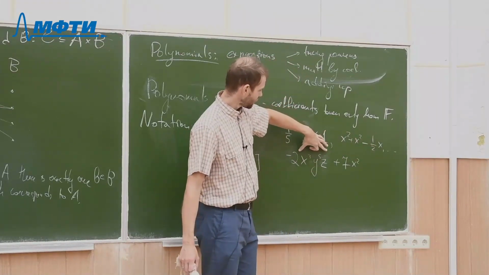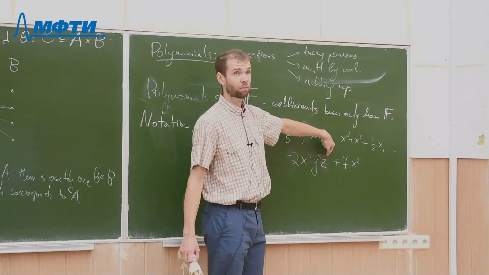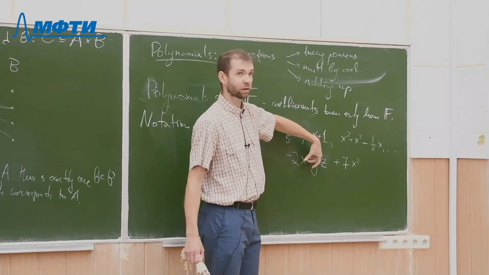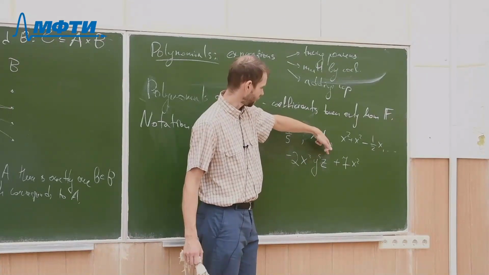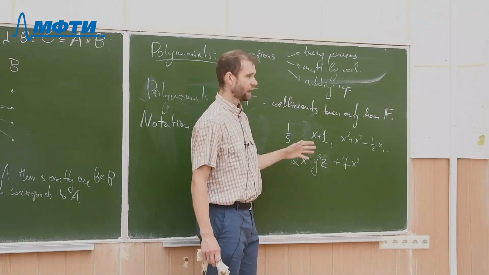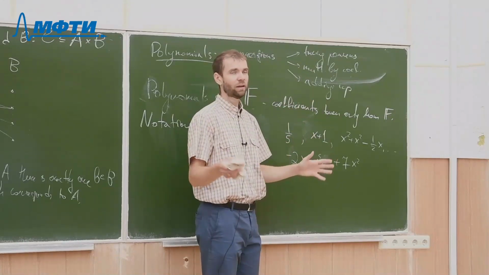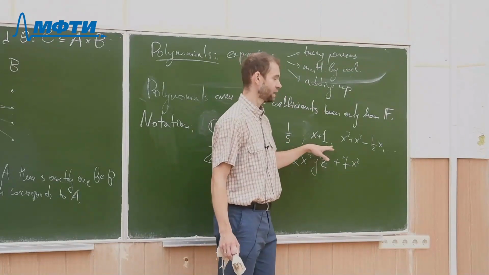The degree of this monomial is 3 plus 5 plus 1, the total number of terms in the product that we get here, which is 9. So the degree of this monomial is 9. And then the degree of the whole polynomial is the maximum degree of the monomials. So the degree of this whole thing is 9.